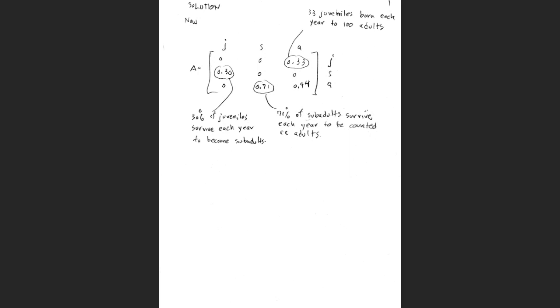A juvenile after a year can become a subadult. The 0.30 means that 30% of juveniles survive each year to become subadults. That's how you have to think of that.